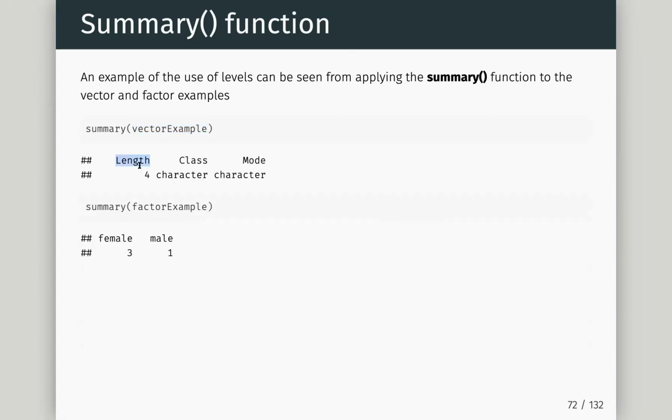It tells me the length, the class is character, and the mode is character. If I do summary on my factor version of this, it's starting to give me some statistics almost. It's telling me I've got 3 females and 1 male. That's what I would like to get from my categorical data.